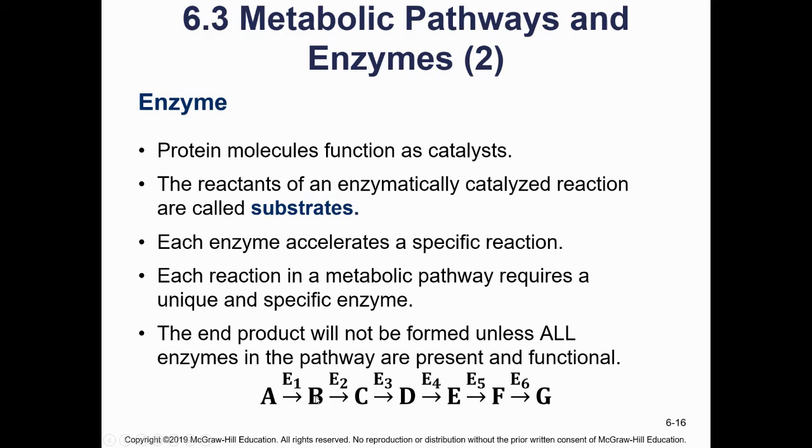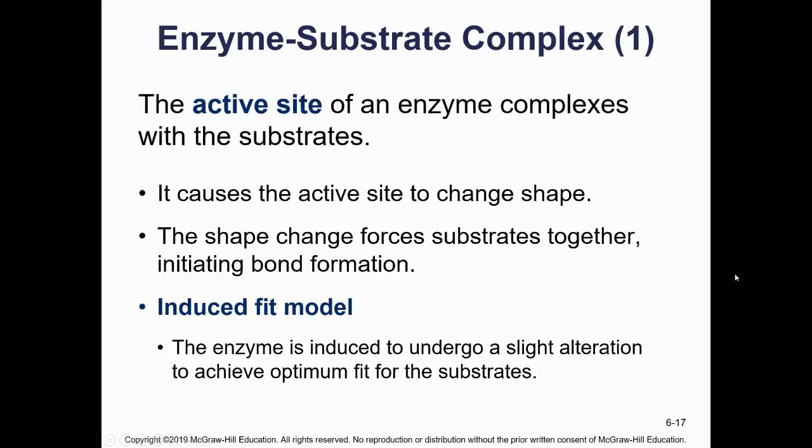Well, enzyme 1 can no longer work on B because it's the specific shape for molecule A. Now I need an enzyme that's the right shape to grab onto molecule B to convert it to C. So enzyme 2 comes in, which is the exact right shape for B and can perform the reaction B to C. Now C is my substrate or my reactant. I want to convert it to D. Well, enzyme 2 here is specific to B, so it can't change C. So enzyme 3 comes in. So each step has a specific enzyme associated with it.